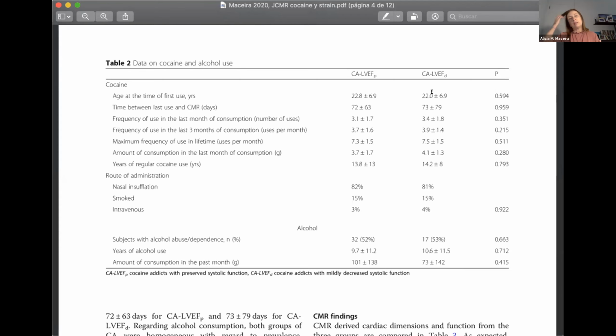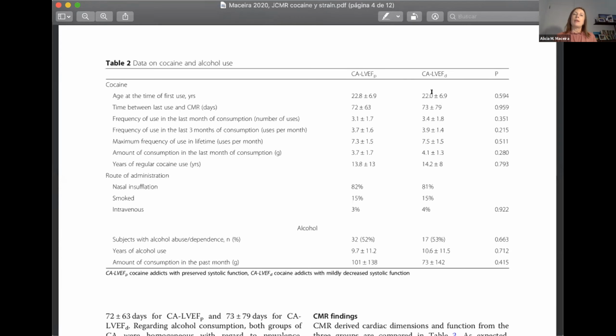You probably know that in addicts it's very difficult to categorize their severity of addiction. When we talk to people managing this kind of disorder, they probably don't use the same parameters we would use.